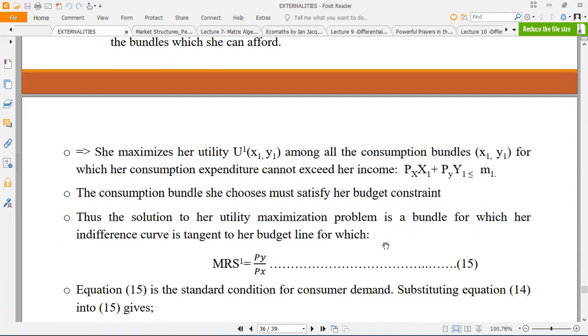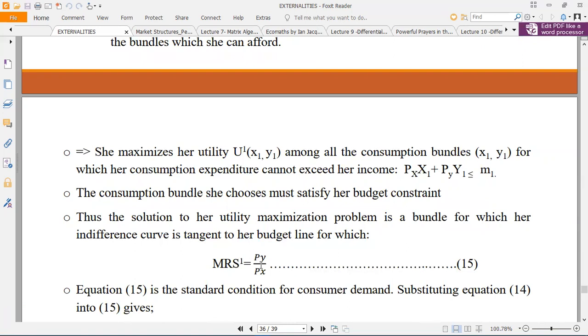If you remember, when we use indifference curves, the individual is going to maximize the satisfaction from consuming the bundle X1, Y1 when the slope of the indifference curve is equal to that of the budget line. The slope of the indifference curve is given by the marginal rate of substitution, and the slope of the budget line is given by the ratio of the prices.